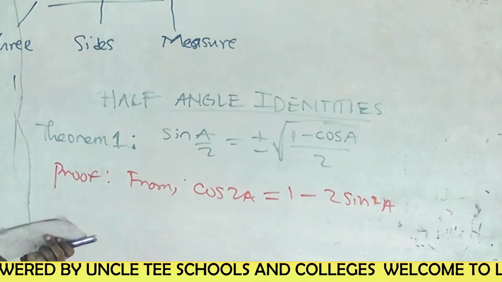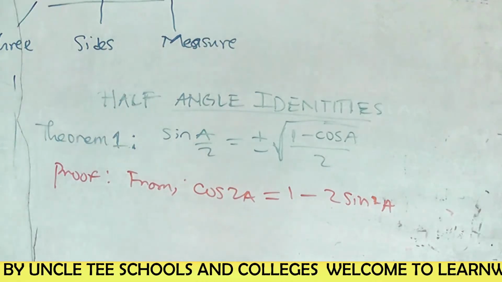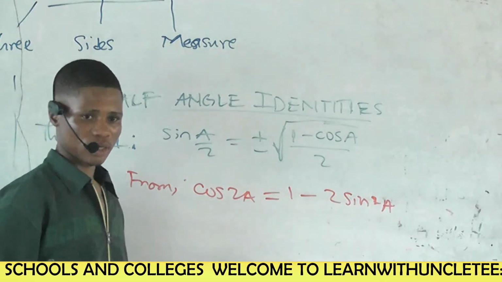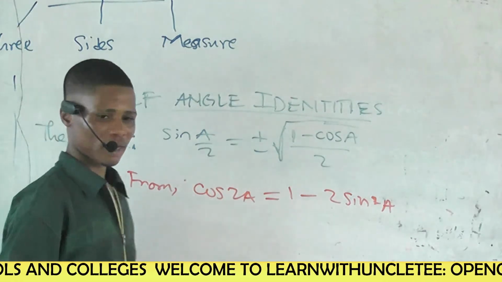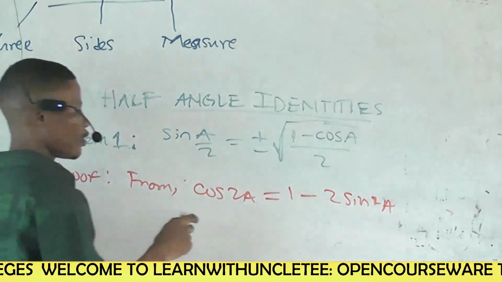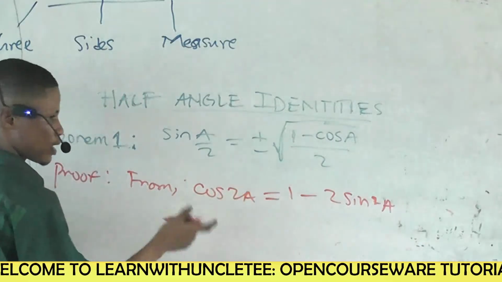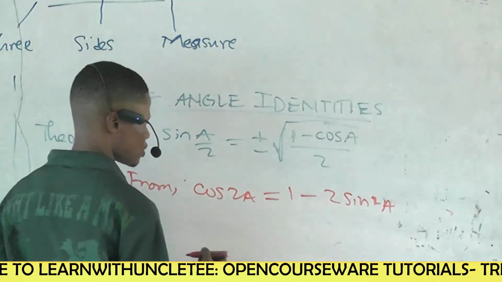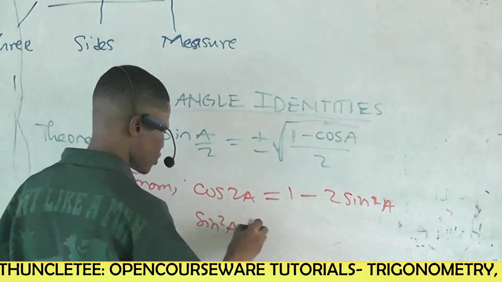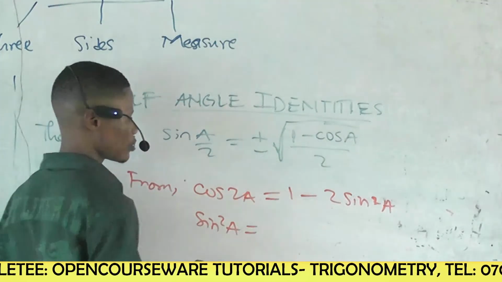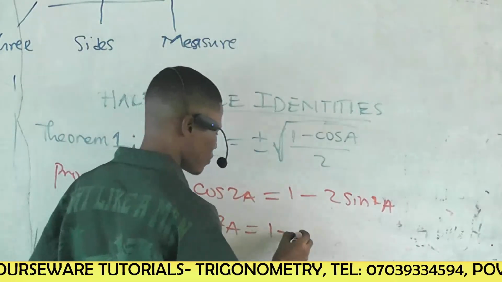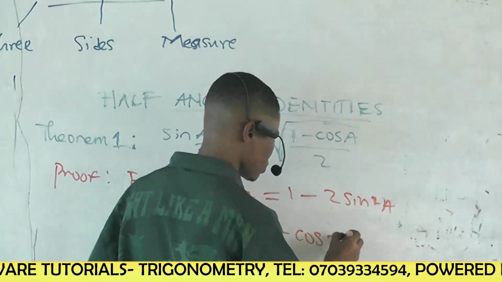That's what we are going to be using to prove another identity. Now, cos 2A is equal to 1 minus 2 sine square A. If you make sine square A the subject of formula, what will you get? Sine square A will now be equal to 1 minus cos 2A over 2.